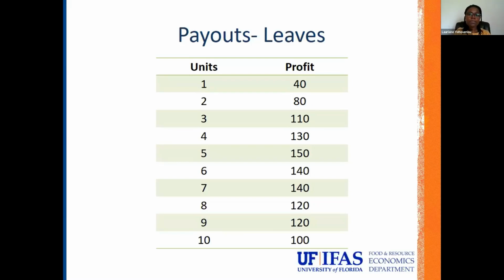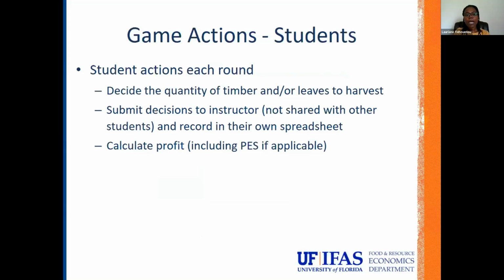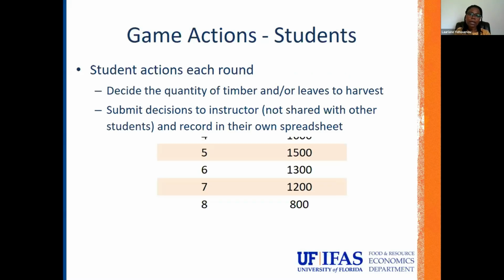During the game, the students decide which quantity of trees or timber or leaves they want to harvest. They submit that decision to the instructor and also record it in their own spreadsheets. Depending on whether they are playing the control or the treatment, they have a PES bonus included, and they calculate their own profit.